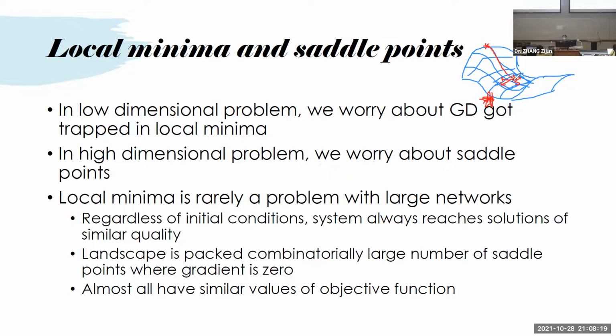It sounds like we converged, we should stop there. But the problem is you haven't reached the end. It can go further down. If you go further, then you will go down to the global optimum. But the problem is you have already lost directions here. So this is the saddle point problem.